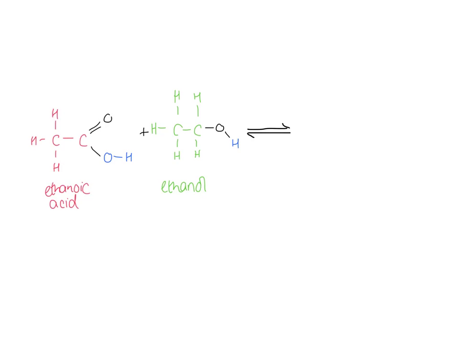So again, we'll draw out our chain. Okay, and this is our ester link. Oh, wrong colour. And then just our chain from our alcohol connected to the singly bonded oxygen.